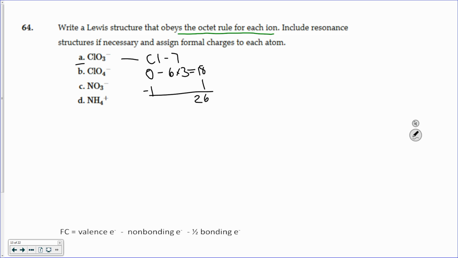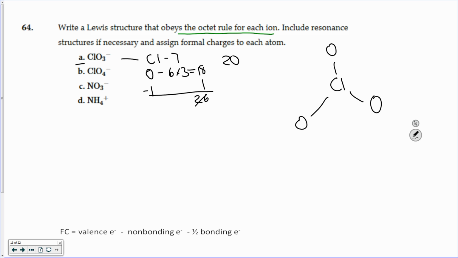If we look at what's going to be in the center of this one, this is where it's kind of a, who do you put there? Oxygen was 3.5. Chlorine's a little bit less than that, so chlorine's going to go in the center. I'm going to surround it by the oxygens. So 1, 2, 3 single bonds. That gets me down to 20.